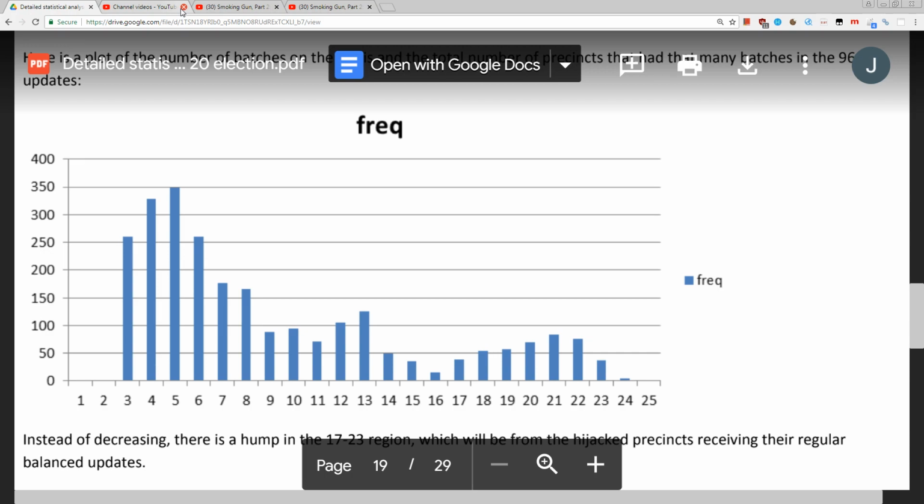That counts as 3 different batches. And this one would be early, election day, absentee, provisional. And the 5 was typically 2 updates for absentee, and then 3 for the rest: early, absentee, provisional.